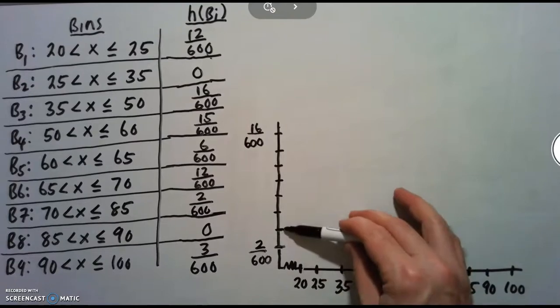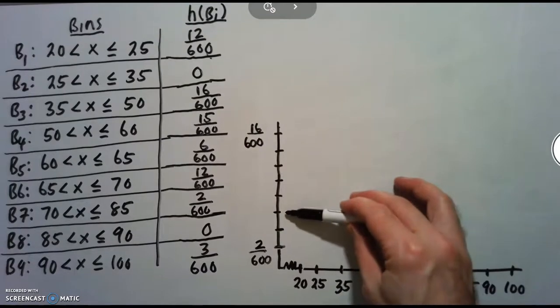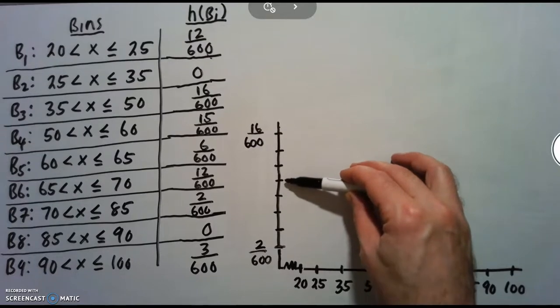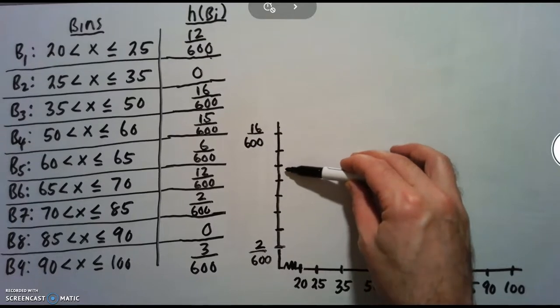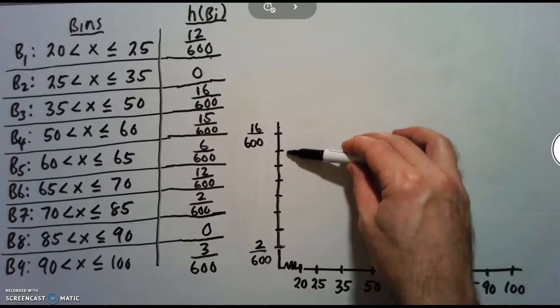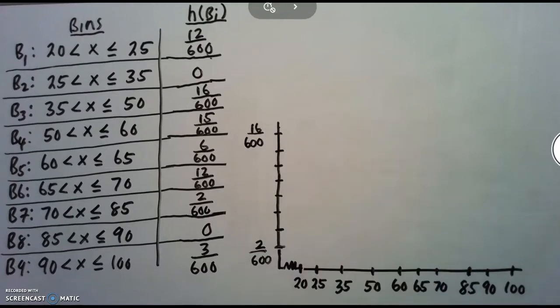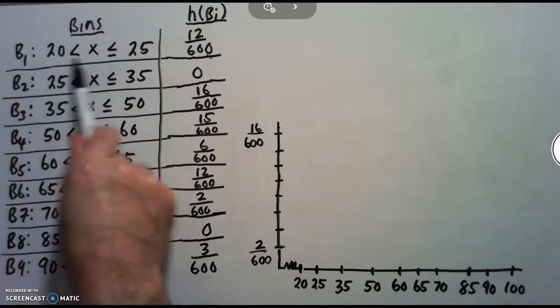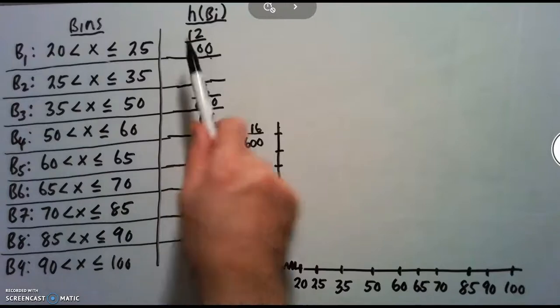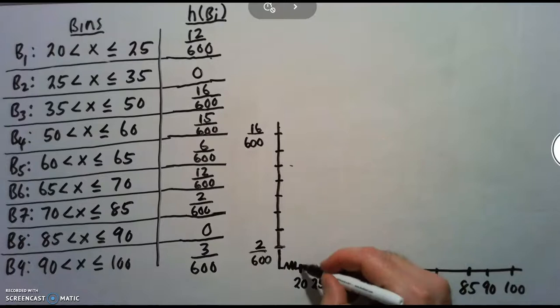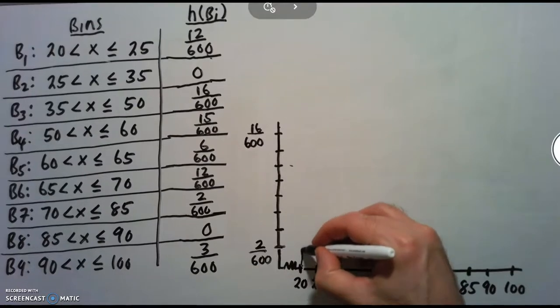So that'd be then 4 over 600, 6 over 600, 8 over 600, 10 over 600, 12 over 600, 14 over 600, 16 over 600. Okay, now we can start doing our histogram. So our first bin, 20 to 25, it's 12 over 600, so it's 16, 14, 12 would be here. So it'd be like this.